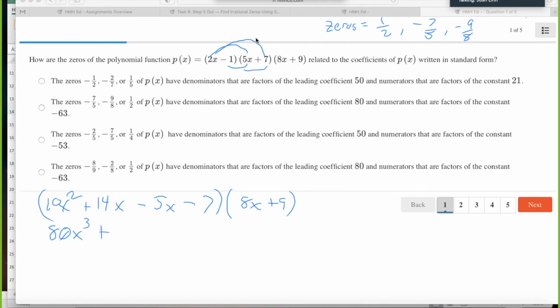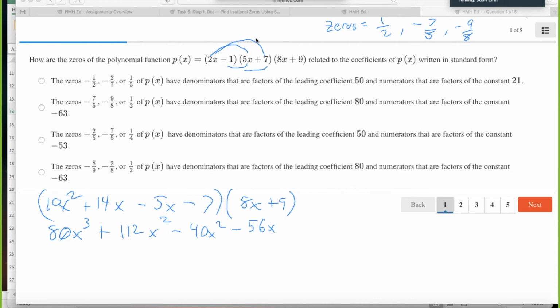Plus, 8's in double digits, they're killing me here. 8 times 14 is going to be 112x squared minus 40x squared. I guess I could have combined like terms. That would have been smart, but too late now. Minus 56x.